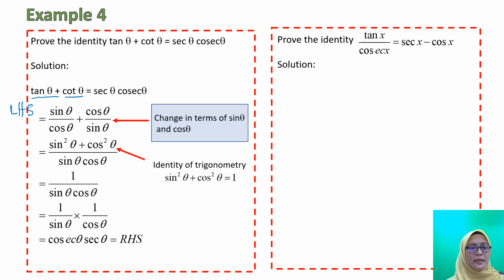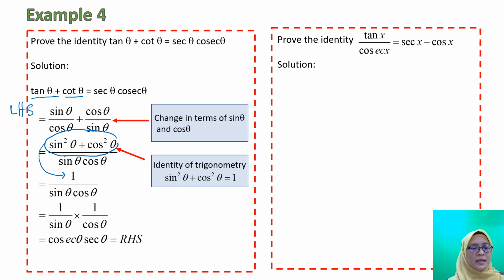Okay, so then dia akan dapat kat sini sin square plus cos square over sin theta cos theta. Okay, so then sin square plus cos square guna identity yang tadi. So sini you akan dapat 1. So then kita akan separate 1 over sin times 1 over cos theta.